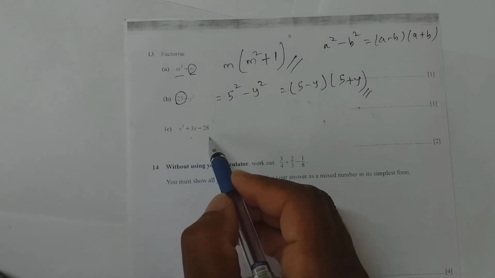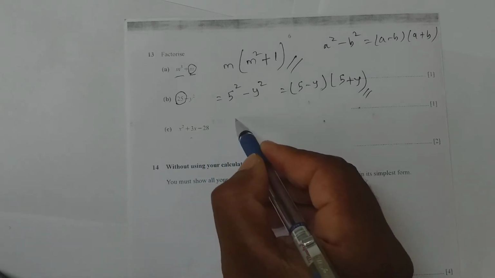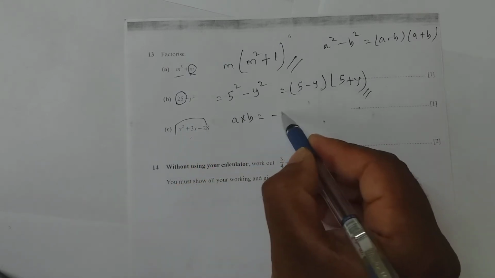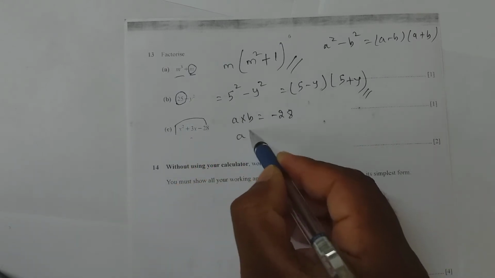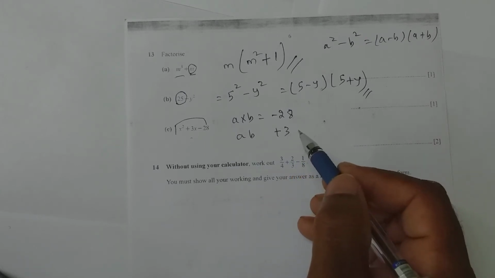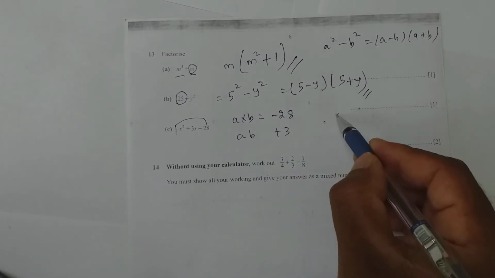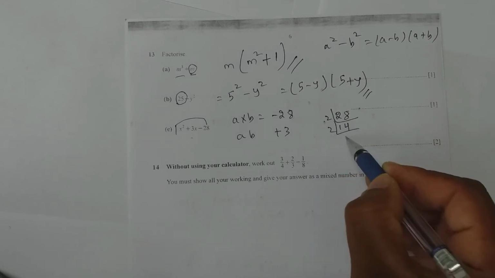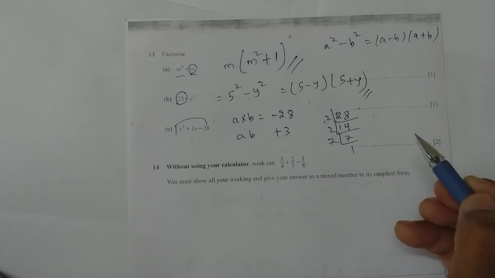Factorize x square plus 3x minus 28. So if you multiply a into b, you should get minus 28. And if you add or subtract them, you should get plus 3. Okay, how do you find out? By taking the factors of 28: 2 14s, 2 7s, 7 4s.